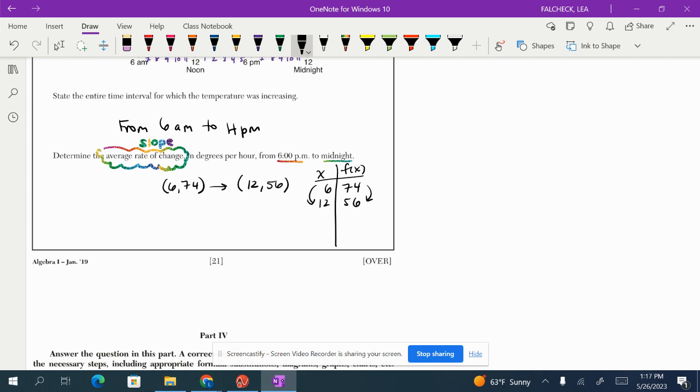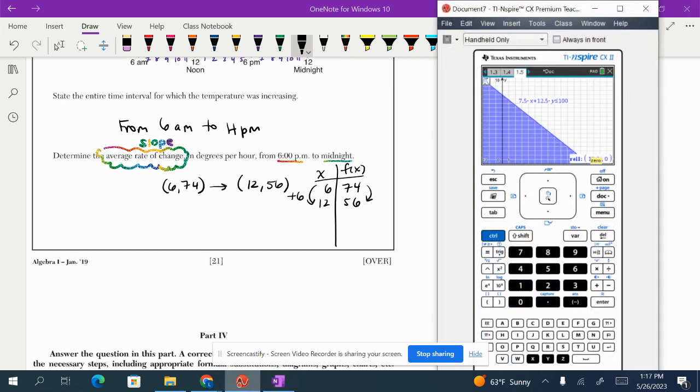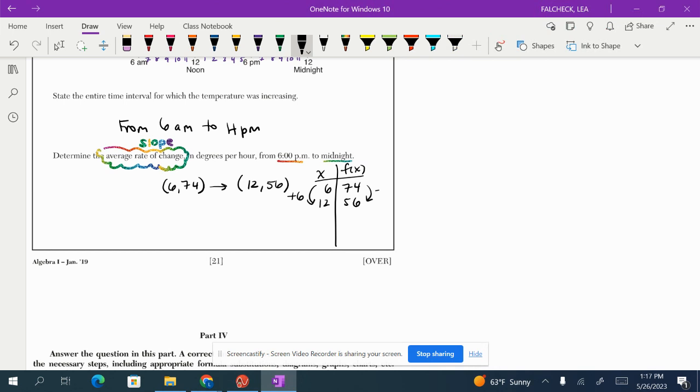So to get from 6 to 12, I'm going to add 6. And then to get from 74 to 56, let's go ahead and figure that out on our calculator. 18. We're going down 18. So this is going to be my change in y. This is my change in x.